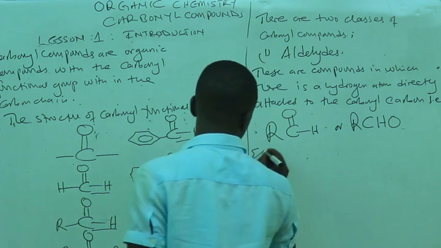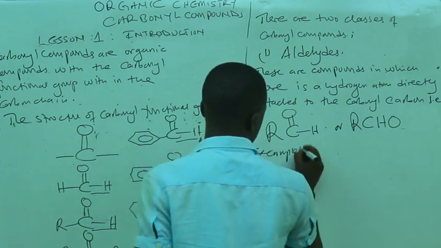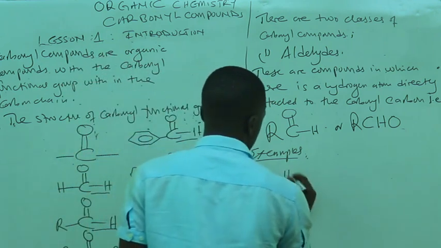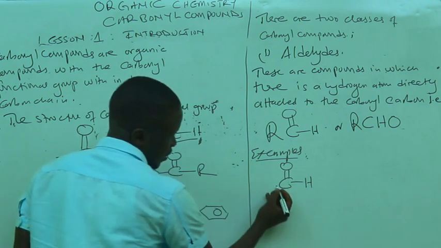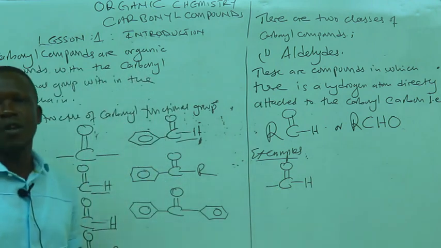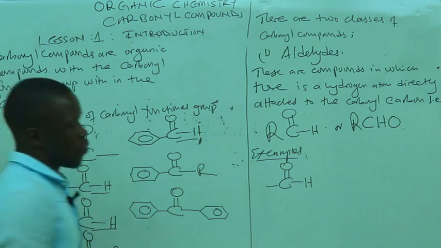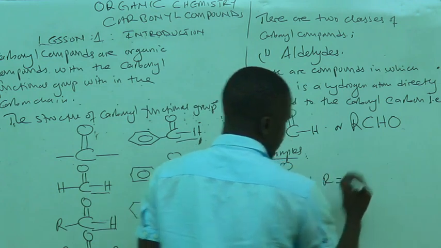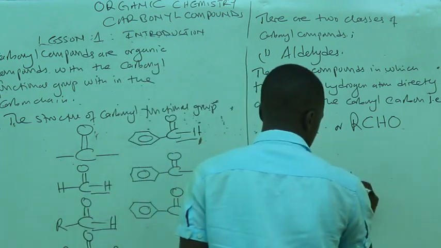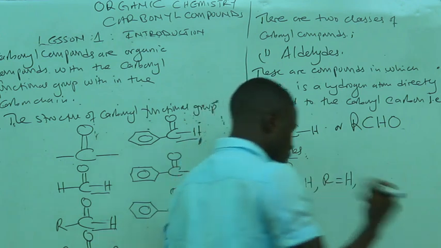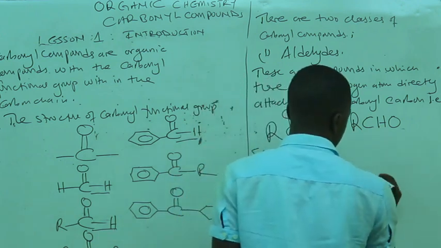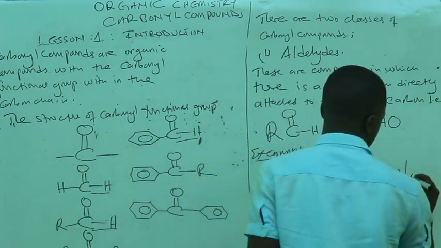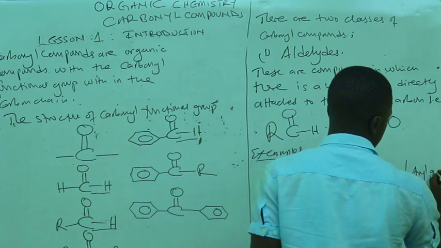Let's look at examples of the aldehydes. Once there is a carbonyl functional group and there is H on this side of the carbonyl functional group, there could be R, and that R is equal to either a hydrogen atom, or an alkyl group, or an aryl group, a benzene ring.